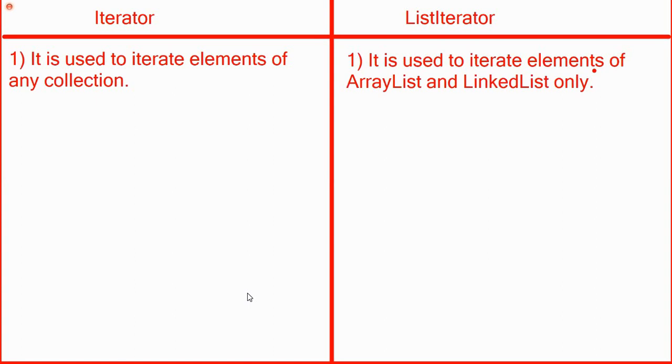List iterator: it is used to iterate elements of array list and linked list only. So list iterator is only for lists, array list and linked list. That is the reason the name is list iterator, only for list.